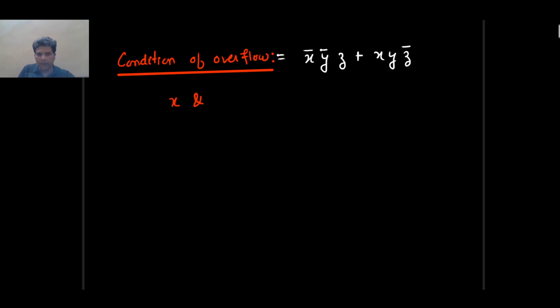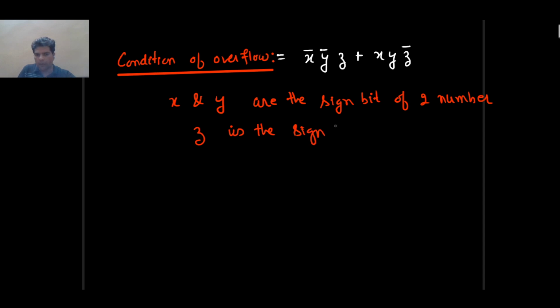X and y are the sign bits of the two numbers that I want to add, and z is the sign bit of the result that we are getting after the addition of x and y.